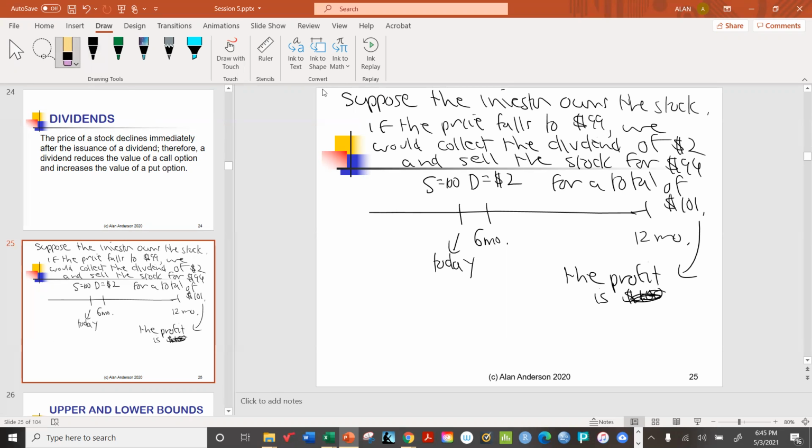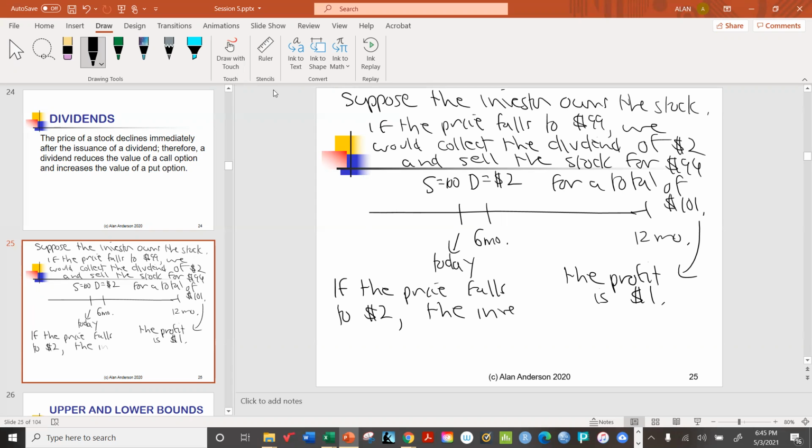If the price falls by the proper amount, $2, then the investor could collect the $2 dividend and sell the stock for 98.